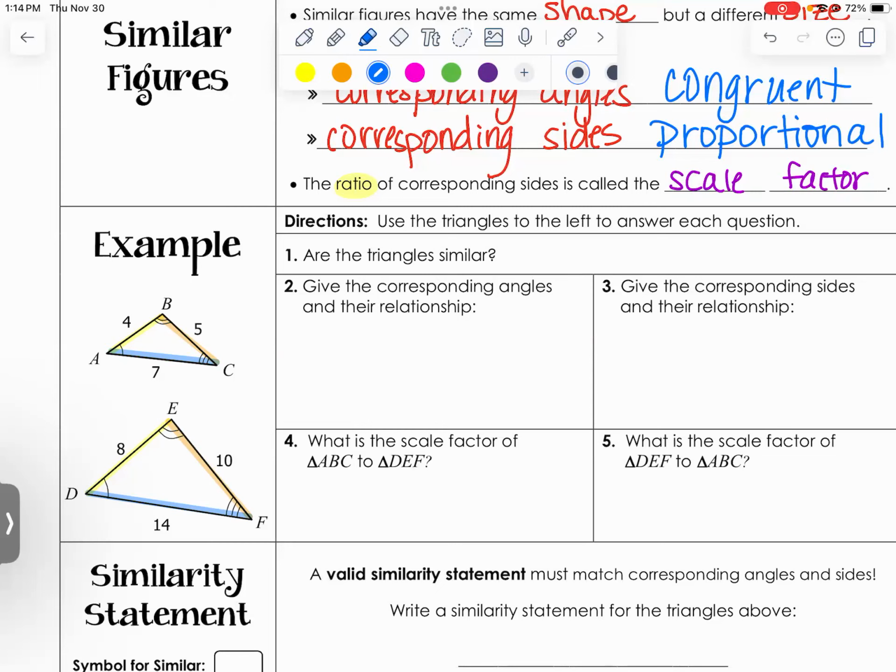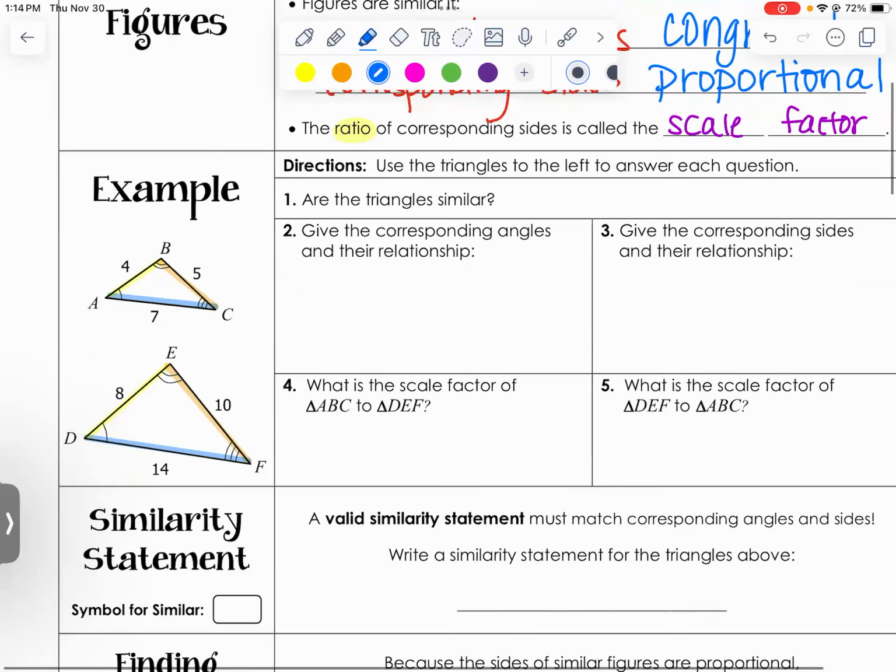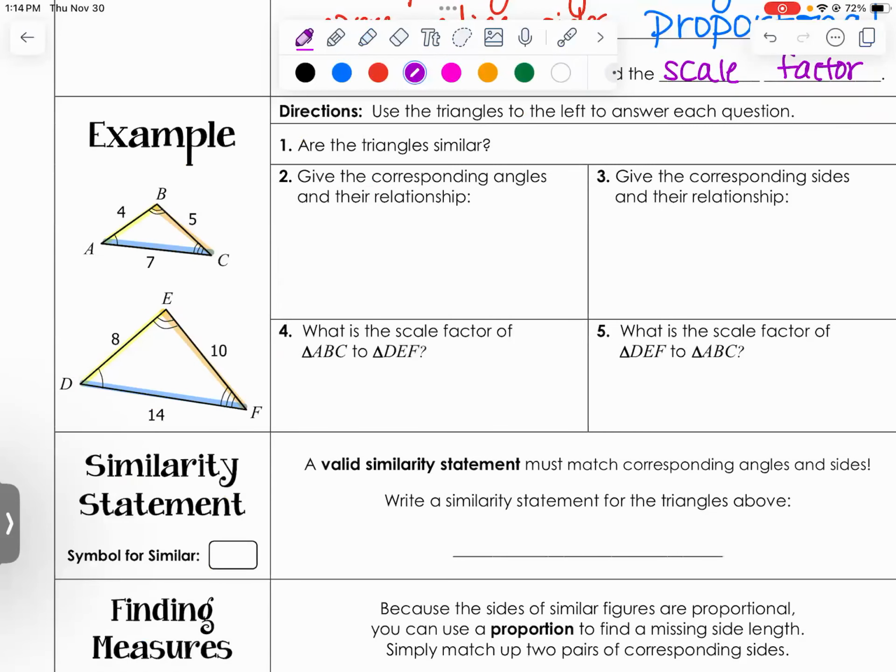Okay. So if I want to answer the question, are these triangles similar? Well, we need our sides to be proportional. So this is what I'm going to do. I'm going to take 4 and 8, and I'm going to make them a fraction, 4/8. What is 4/8 reduced down to? 1/2.